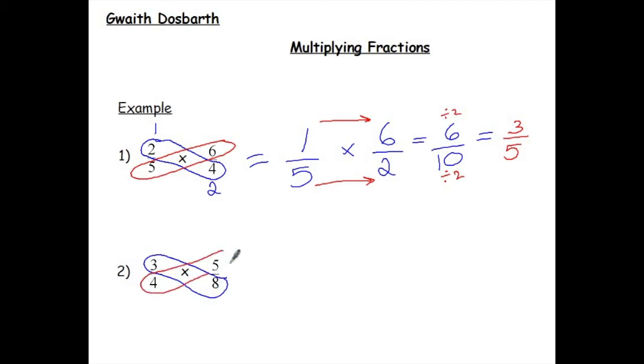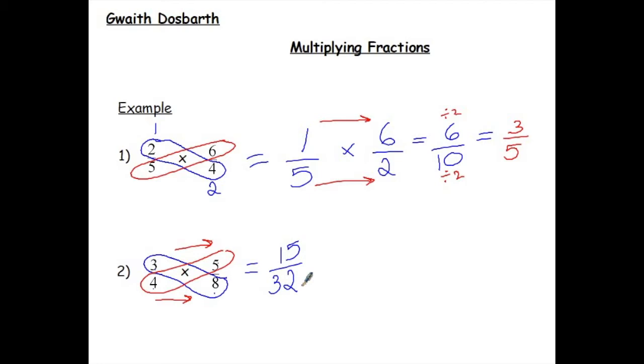And this one is 4 and 5, and there's nothing we can do there either. So this is a little bit easier. So all we need to do is times these top numbers and times the bottom numbers. 3 times 5 gives us 15, and 4 times 8 is 32.